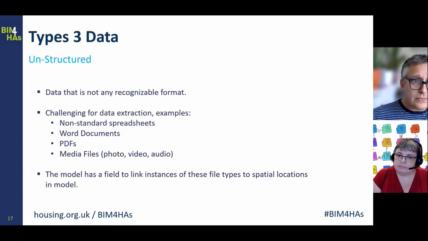So there's unstructured data, the unruly type. This is where we have a huge amount of very valuable information, and that includes your media files, pictures, Word documents, non-standardized spreadsheets, your unruly spreadsheet, your homemade spreadsheet, whatever. The model has fields to link instances of these file types to a tenancy, to a communal area, to an estate.